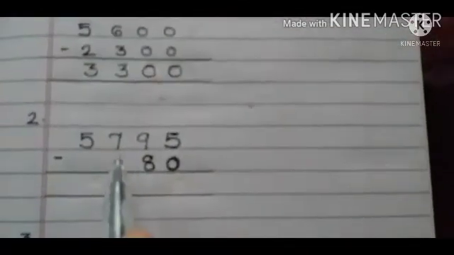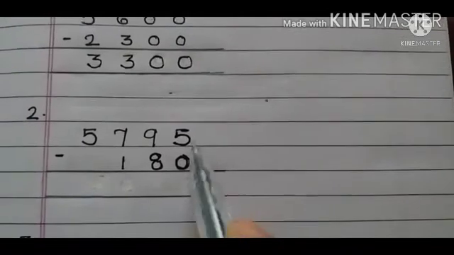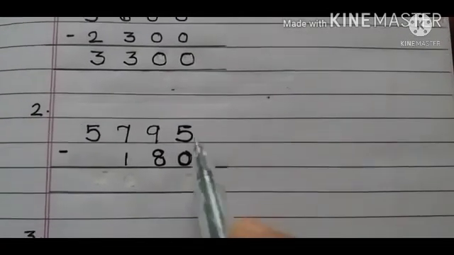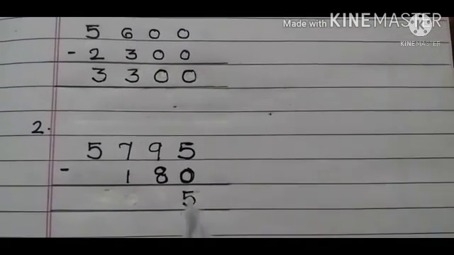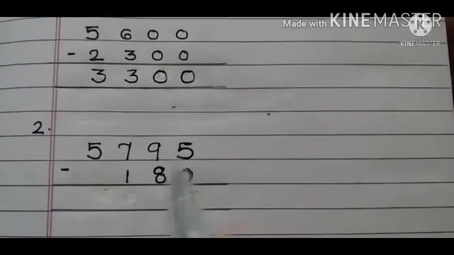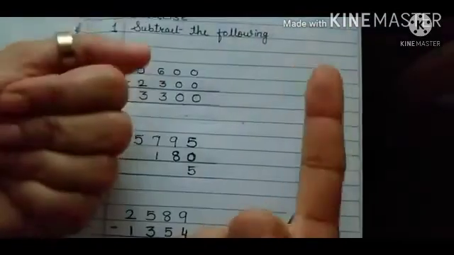Now moving to the next question number 2, 5,795 minus 180. So in unit place you can see 5 minus 0. So when from any number 0 will be subtracted, the answer will be that number itself. So answer is 5 minus 0 is 5. Now in tens place 9 minus 8. So see, 9 minus 8 is 1.